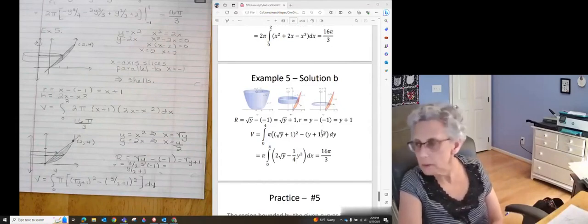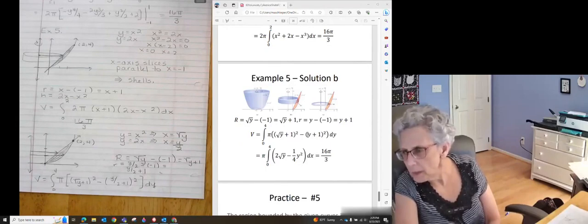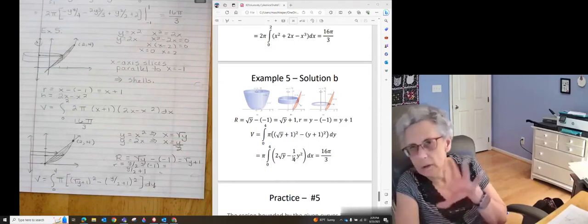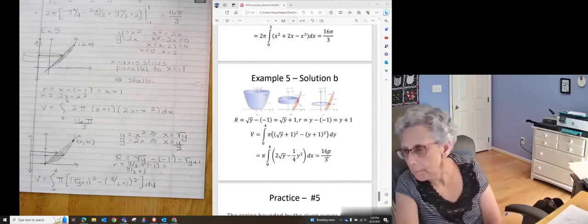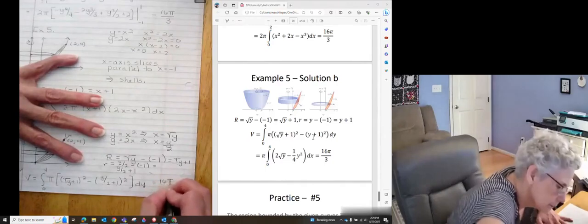Outside radius squared, inside radius squared, and looks like I have a typo there. Yeah, because I have the 1/2 down here where I squared it. So I'll go in there and fix it. You'll never know. But I end up with 16 pi over 3.